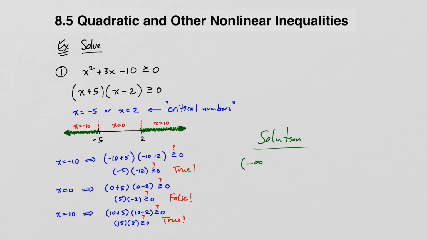And in interval notation, this is how we write that. And a quick note here, we are including negative 5 and we are including positive 2 because in the original problem we had an equal sign, and equals means you include.